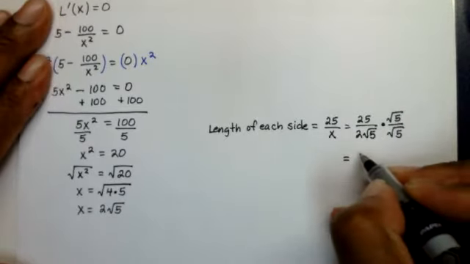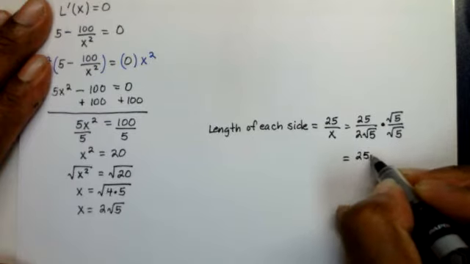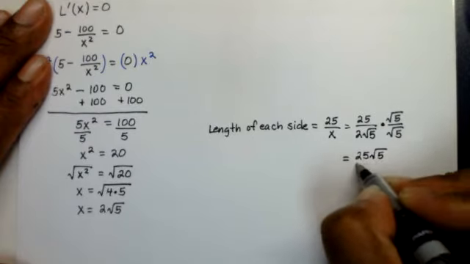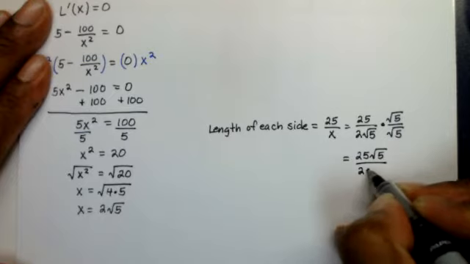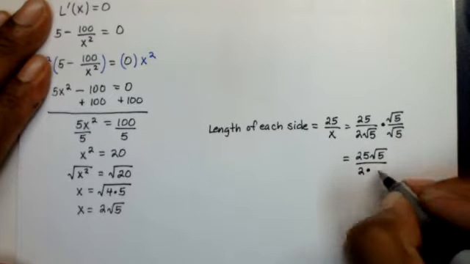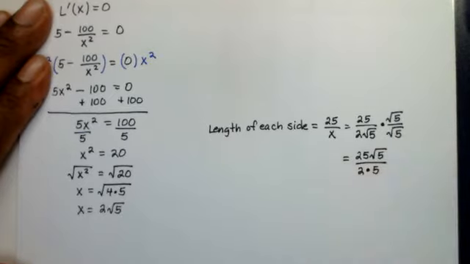So bring over the 25 square roots of 5 over 2 times the square root of 5 times itself will be 5. The idea there is to wipe out that radical by multiplying the square root of that number times itself. When that happens, your radical is gone.